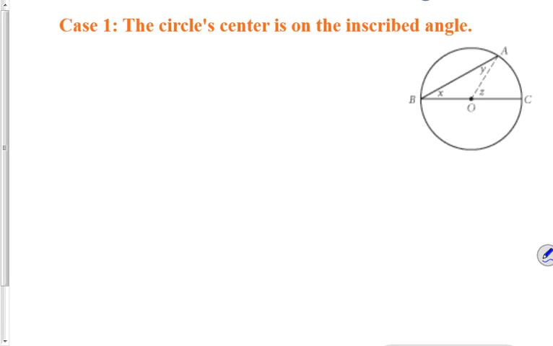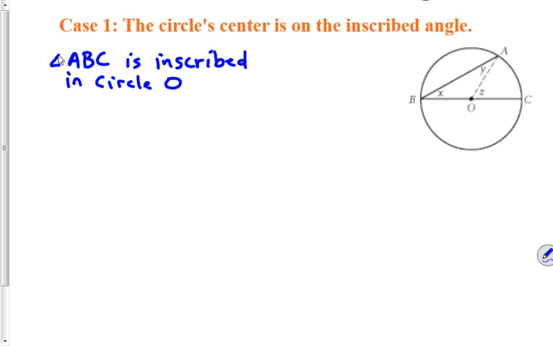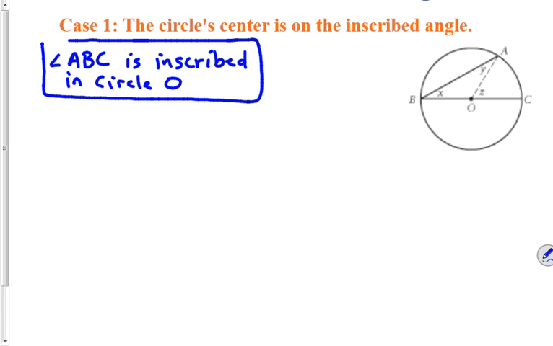So we may start by saying angle ABC is inscribed in circle O. That's given information.